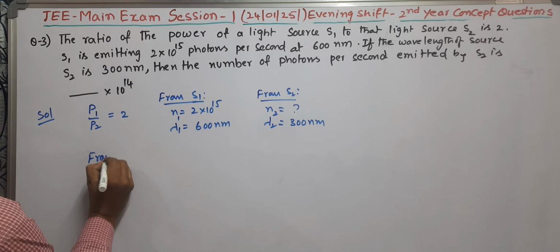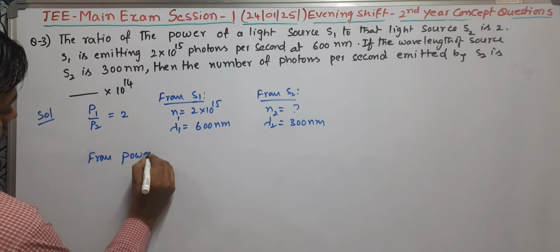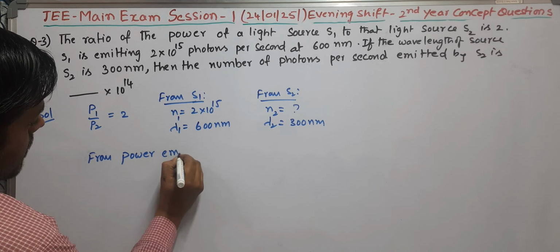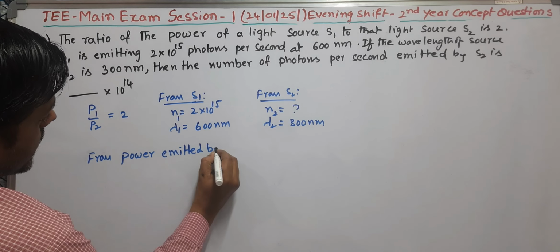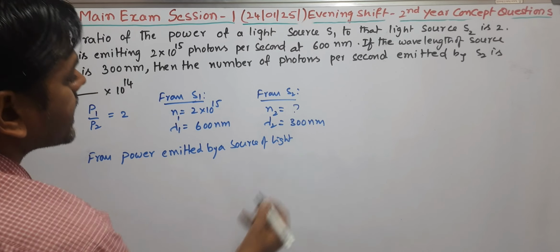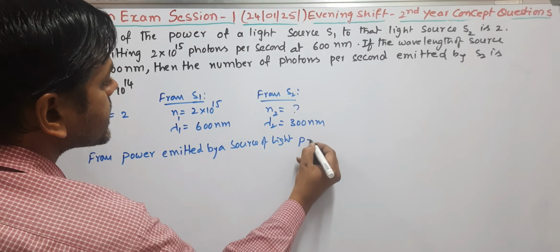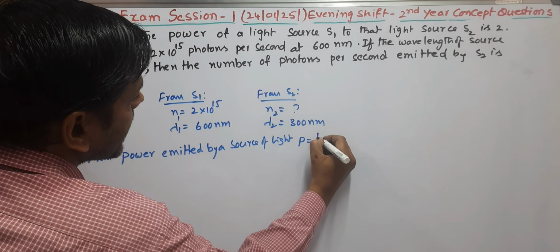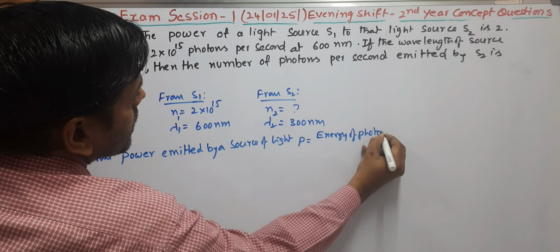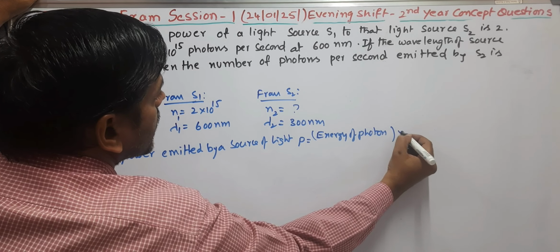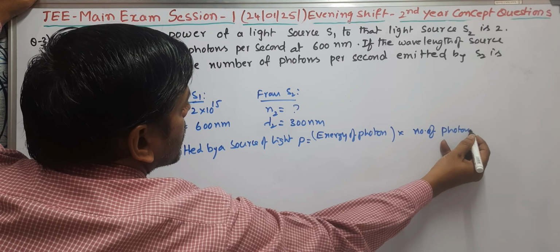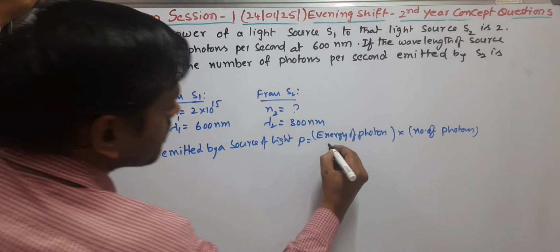From the definition, the power emitted by a source of light is P equal to the energy of a photon into the number of photons per second.